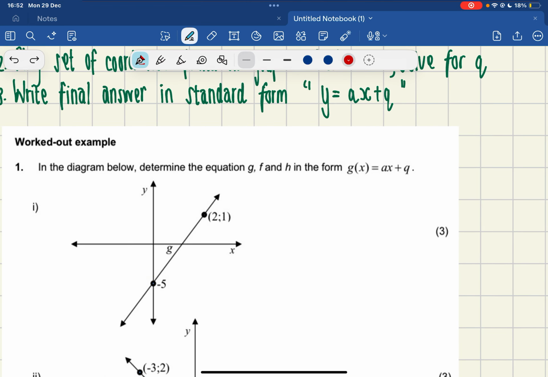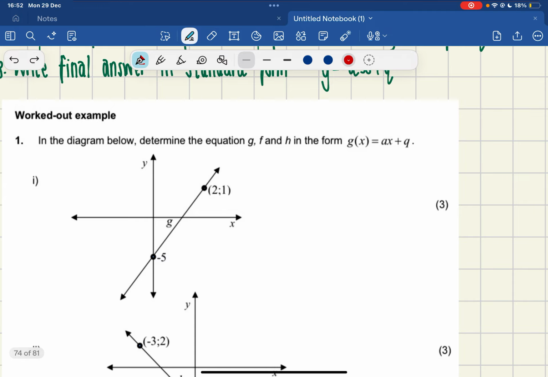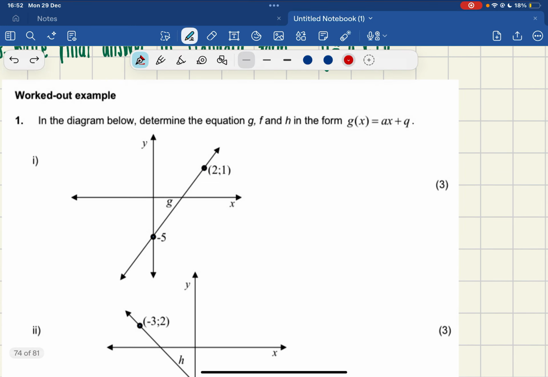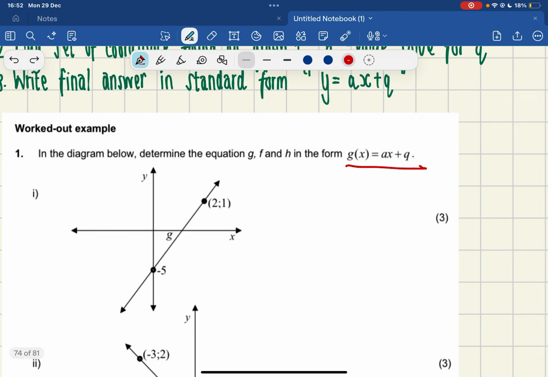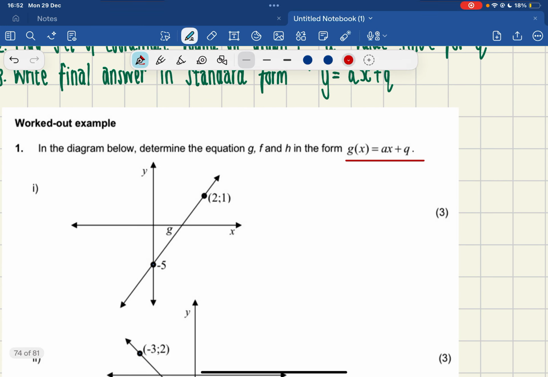For example, question 1(i) says, in the diagram below, determine the equation of g, f and h in the form g of x is equal to, so this is the form that they want it in, very important. So here, what do we see?